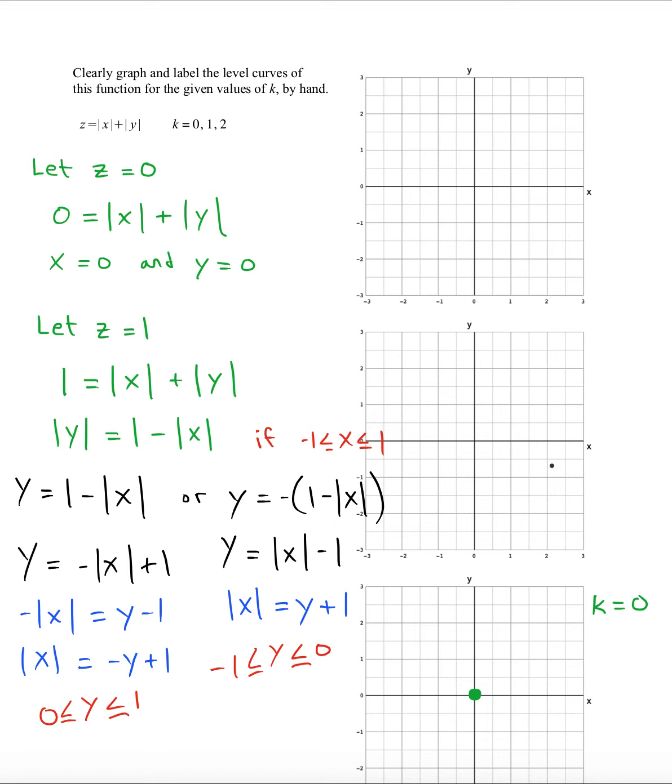So y equals 1 minus absolute value of x. So when we're in the positive y, we're going to need this. When we're in the negative y, we'll need this. This is for k equals 1.